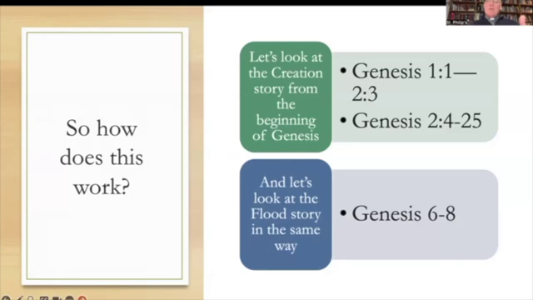The first one, which we're not going to look at in this class, but I'll just mention it, is there are 2 creation stories in Genesis. There is Genesis 1, goes to the very beginning of chapter 2, and there's Genesis 2 that begins at the 4th verse. And they're very different stories.